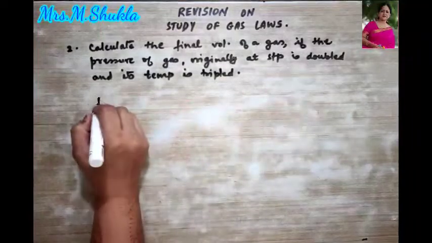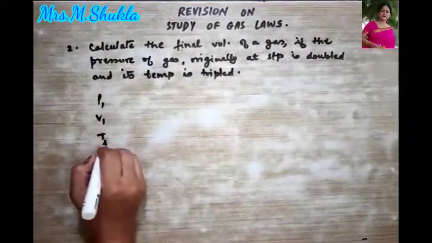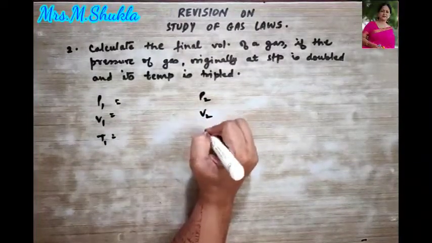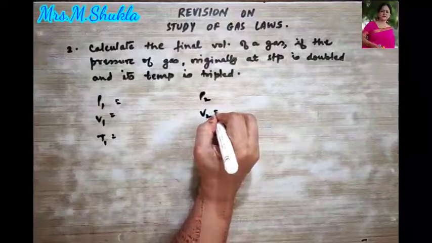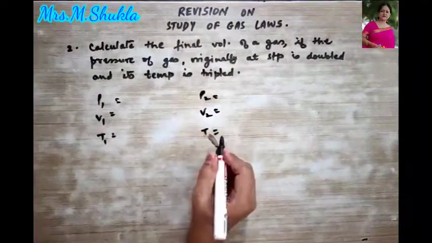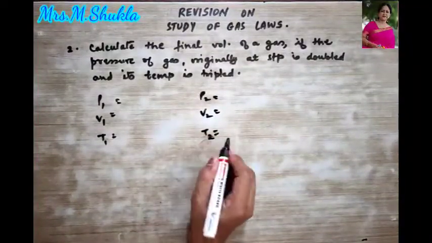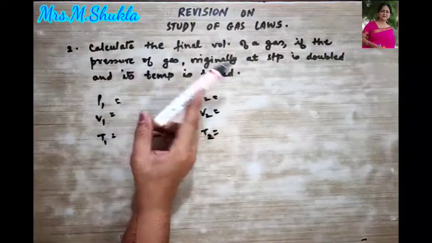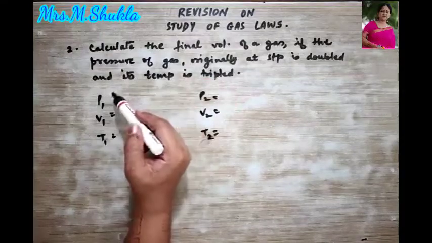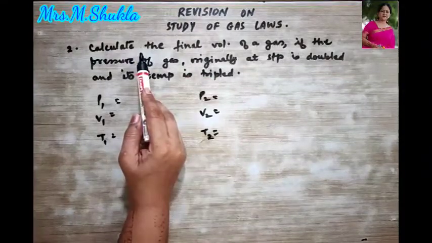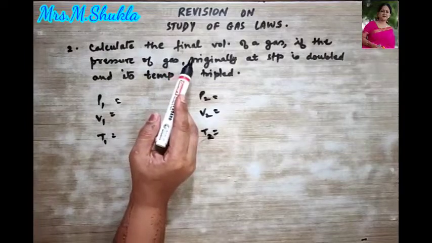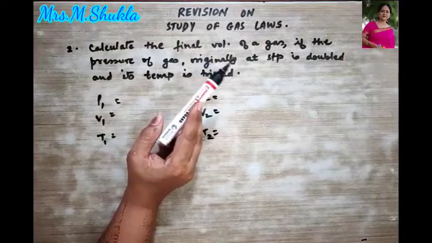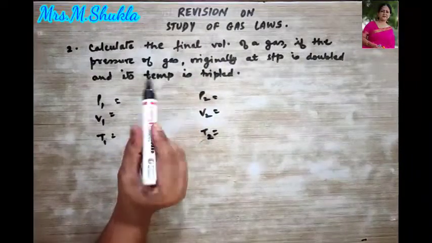STP, that means P1, V1, T1. All these 3 things have to be considered. P2, V2 and T2. Okay. Now go through the question once again. Pressure of the gas originally at STP.